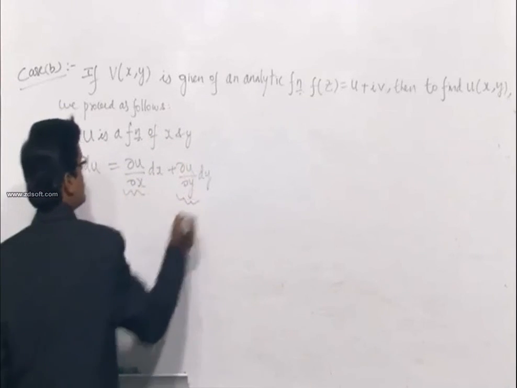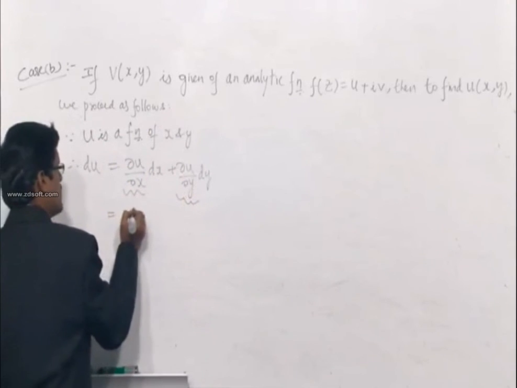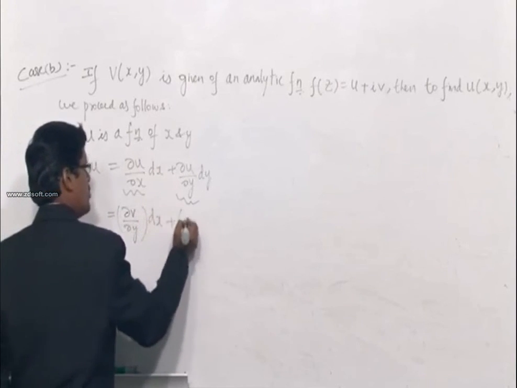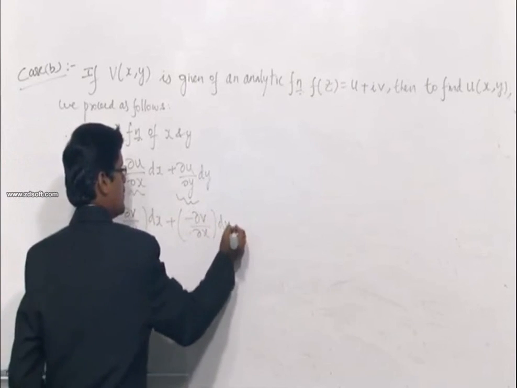We don't know these two values because we are going to find u. Use your CR equation, convert into v. Dou u by dou x is nothing but dou v by dou y into dx, and dou u by dou y is nothing but minus dou v by dou x into dy.